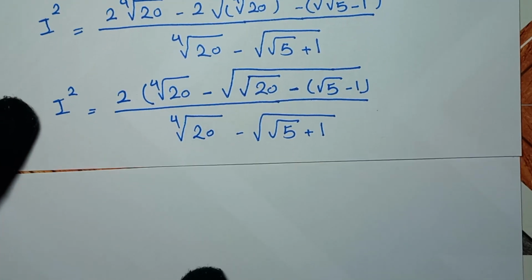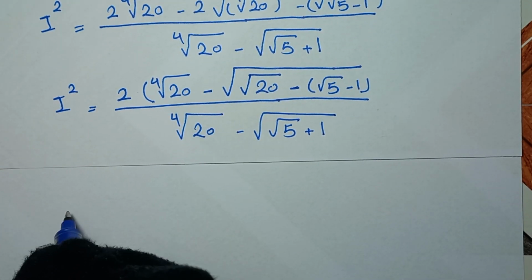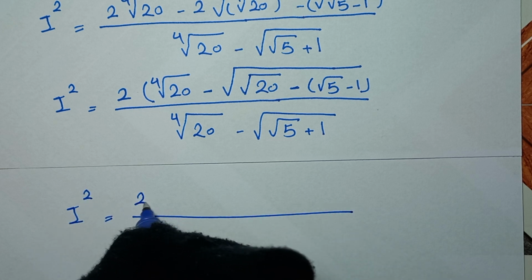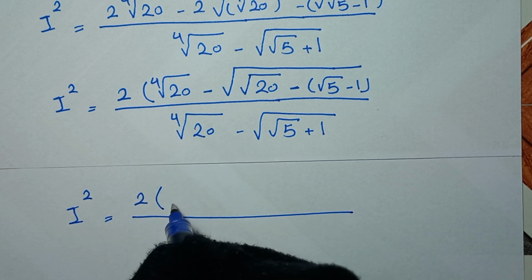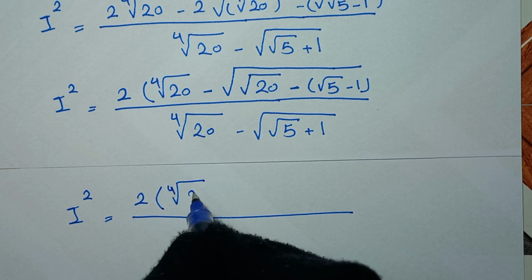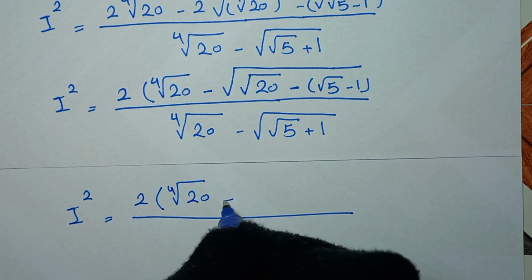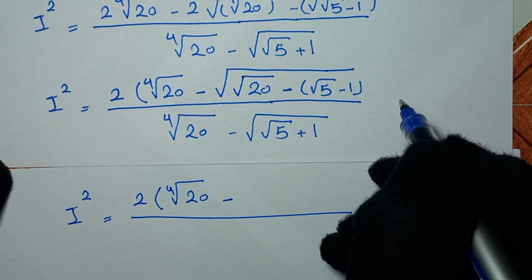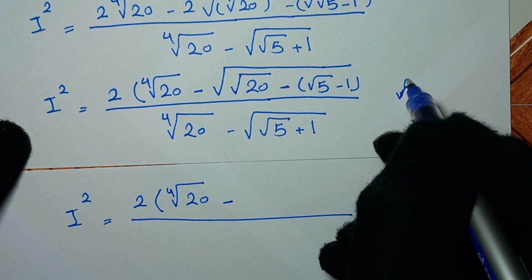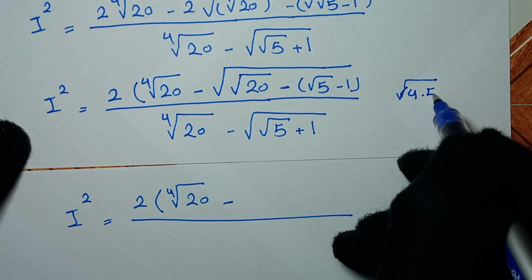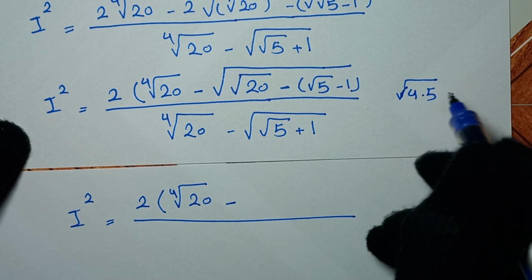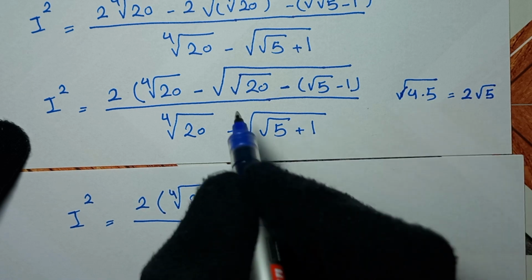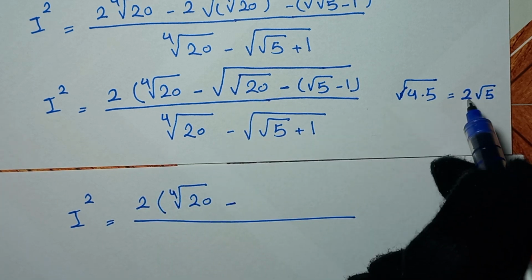and it will be I square is equal to 2 times, in here we have fourth root of 20 and minus square root of 20. We write in here square root of 20 is square root of 4 times 5, right? And square root of 4 is 2, so this is equal to 2 square root of 5. So square root of 20, we can write as 2 square root of 5.